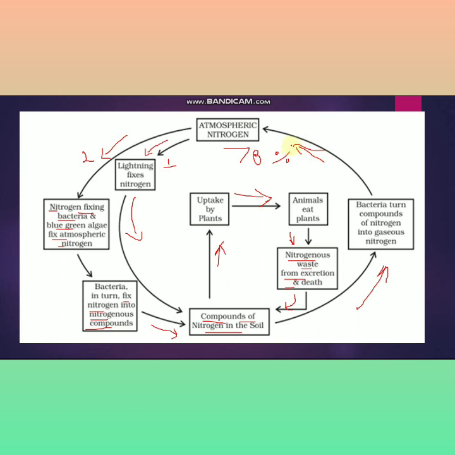So dear student, in this way the whole of the nitrogen in the atmosphere remains constant, and this is known as the nitrogen cycle. Please try to make this nitrogen cycle by yourself and learn all the processes of the nitrogen cycle.